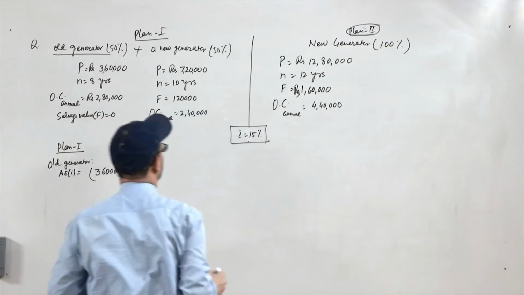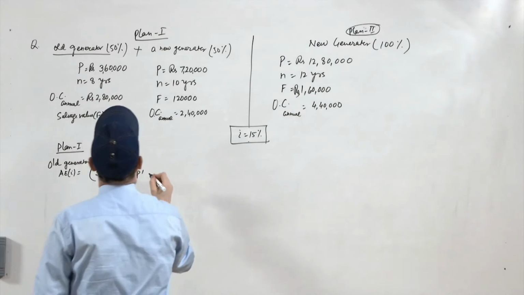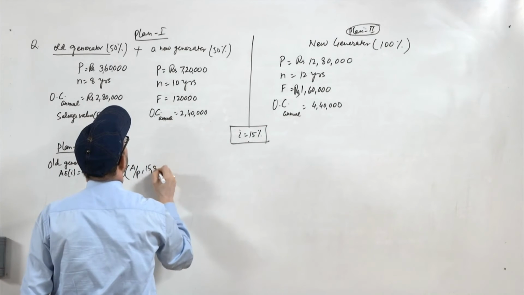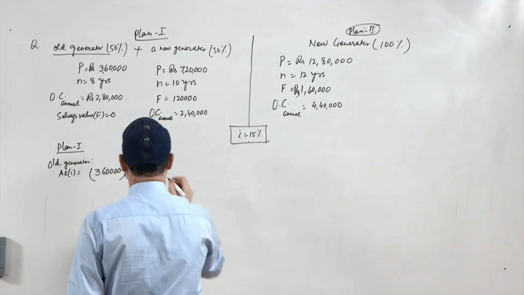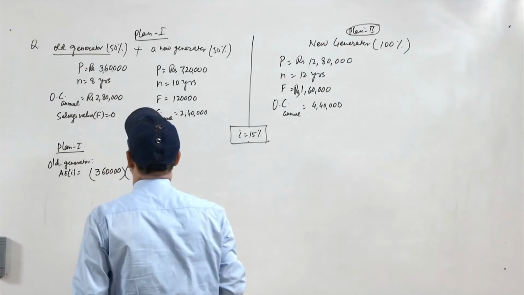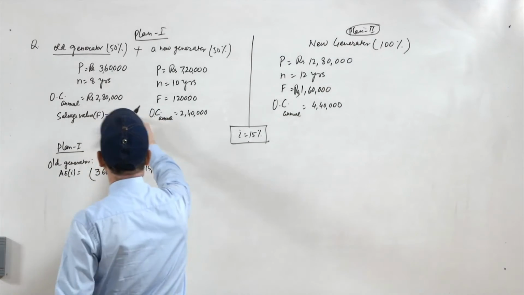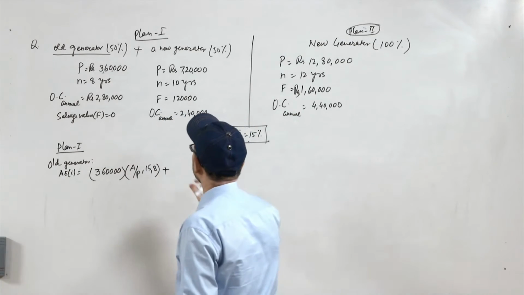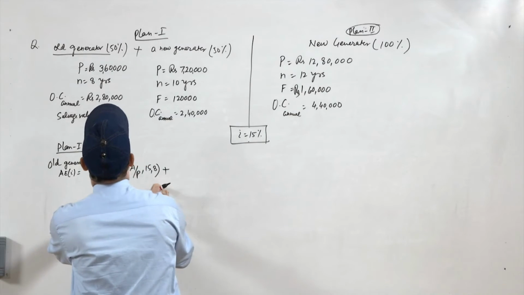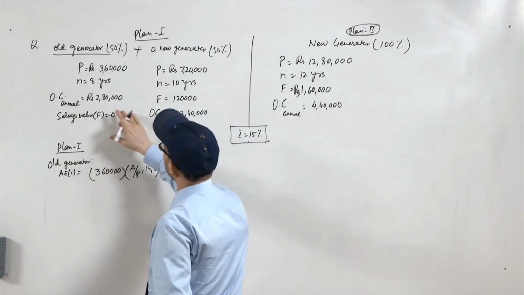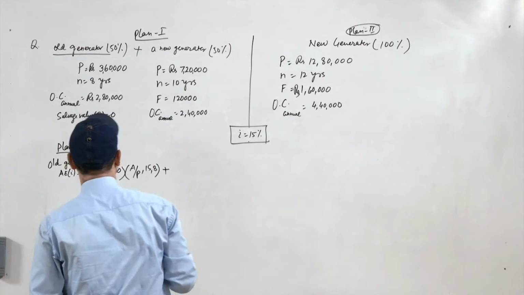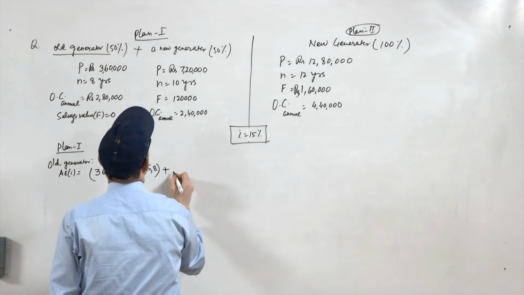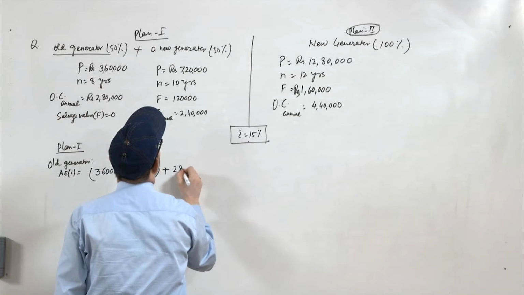This is the minimum attractive rate of return, so it will be 15.8 plus F into I, so that concept part is gone because F is 0. So this is the capital recovery with return part. Then you have annual operating cost, that is 2,80,000.